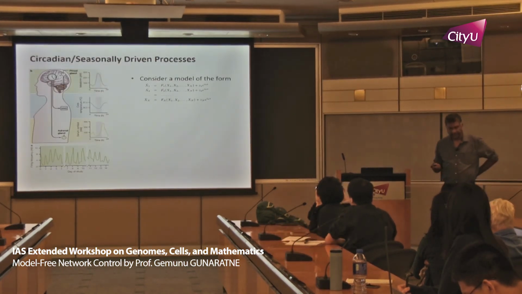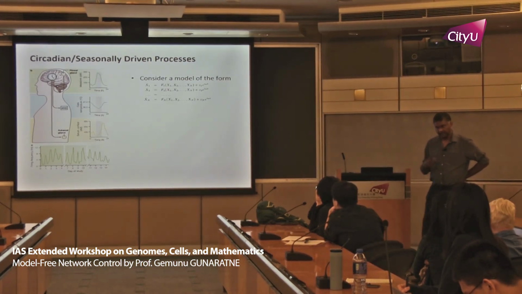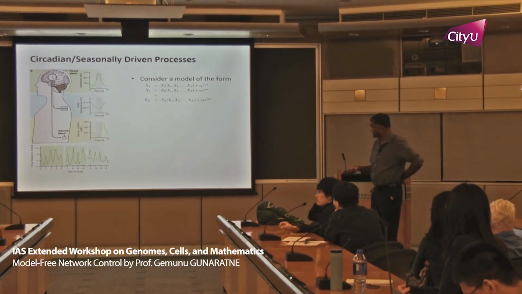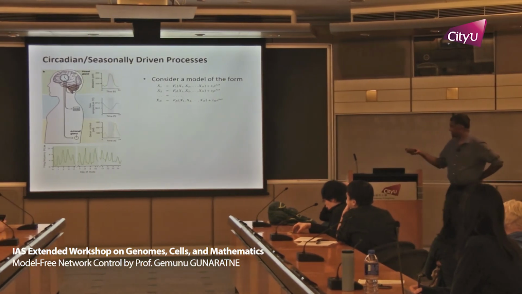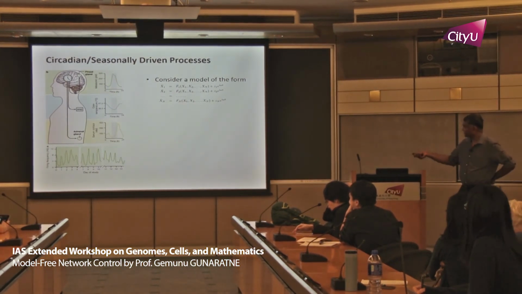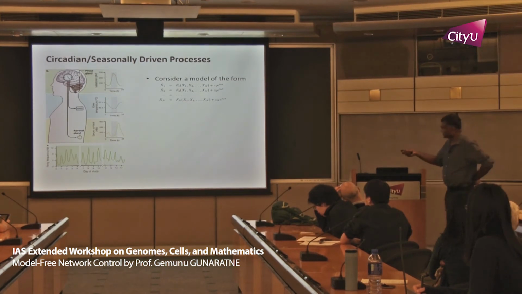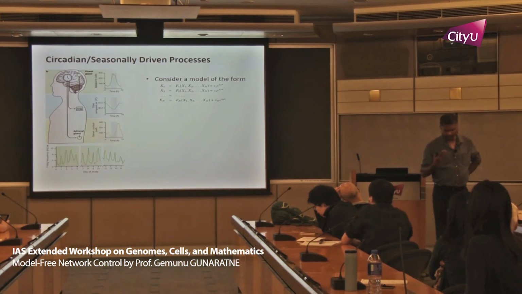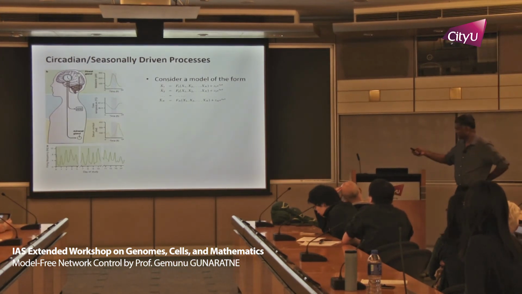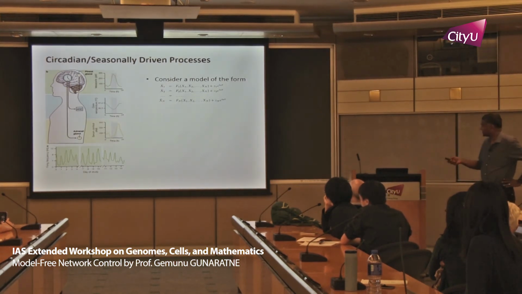The same thing can be carried on to periodically driven networks, like for example, circadian networks. In this case, we have only modeled the results. You have a network of elements which are driven periodically. Externally it might be driven by light or heat, but there's one cell in the body that drives these periodic networks.